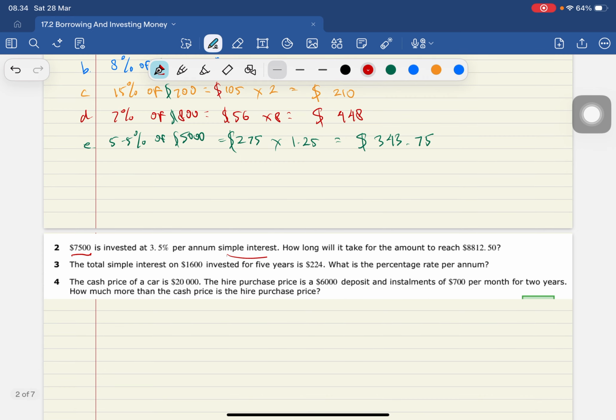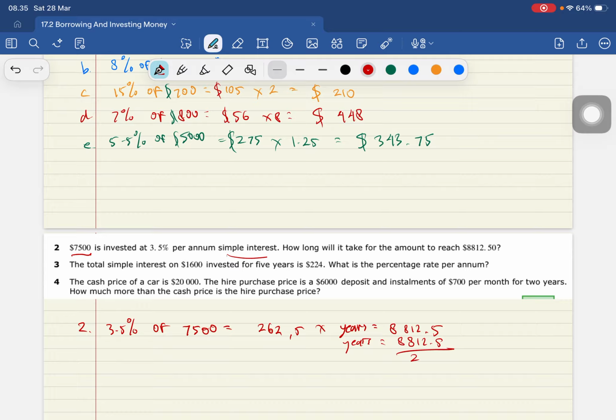First let's count 3.5% of 7,500. 3.5% times 7,500 is 262.5. We multiply with the years. After we multiply by the years, we get the answer of 8,812.5.